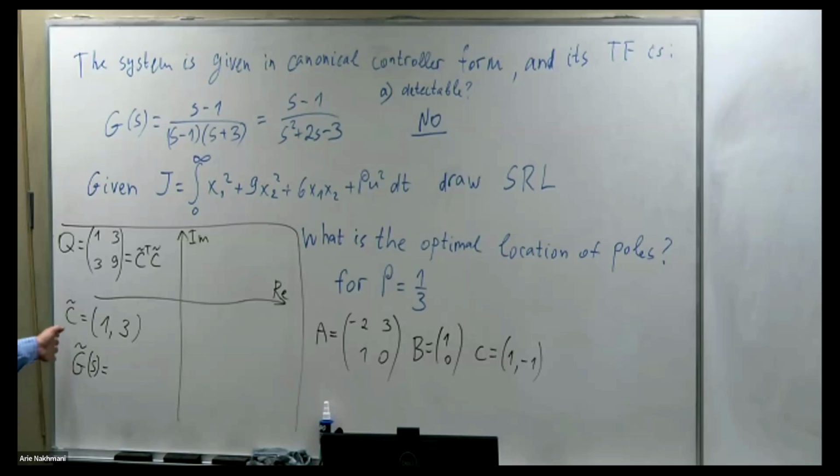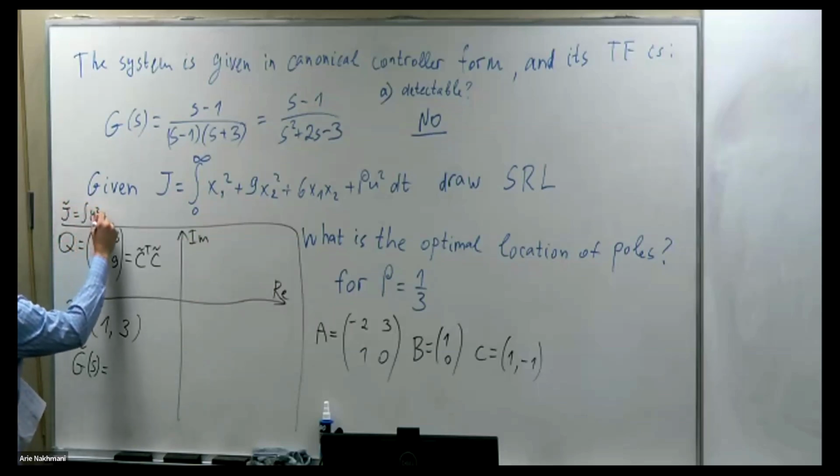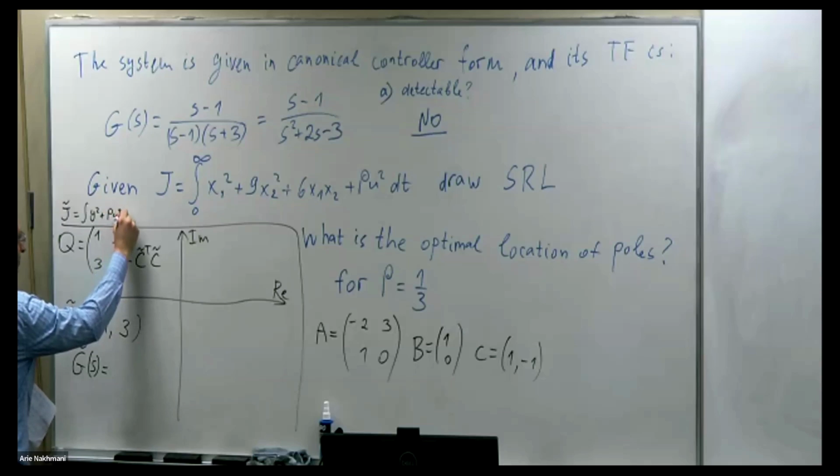It doesn't matter which C I pick and optimize. So let me optimize that system using regular root locus. J tilde will be y squared plus rho u squared.